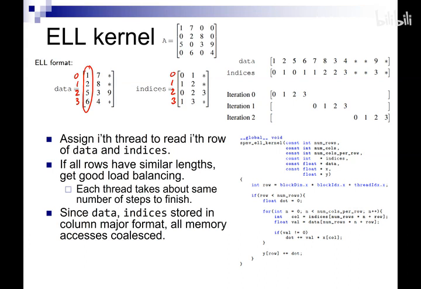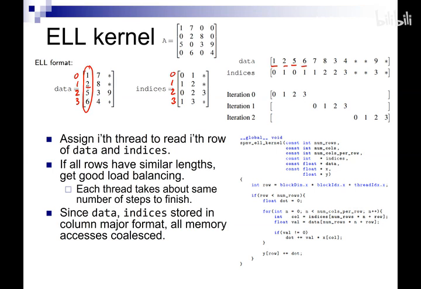Now, which data items is each thread going to access? In the first iteration, thread 0 is going to be processing the 1 over here, thread 1 is going to be processing the 2 over here, and then thread 2, and then 3.